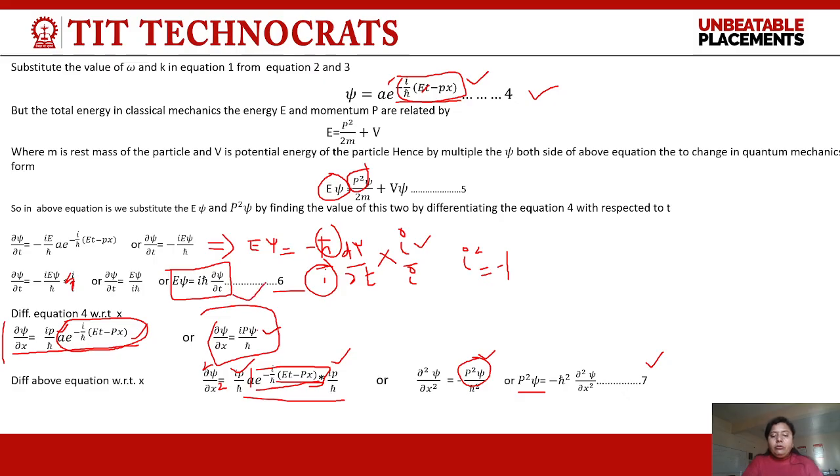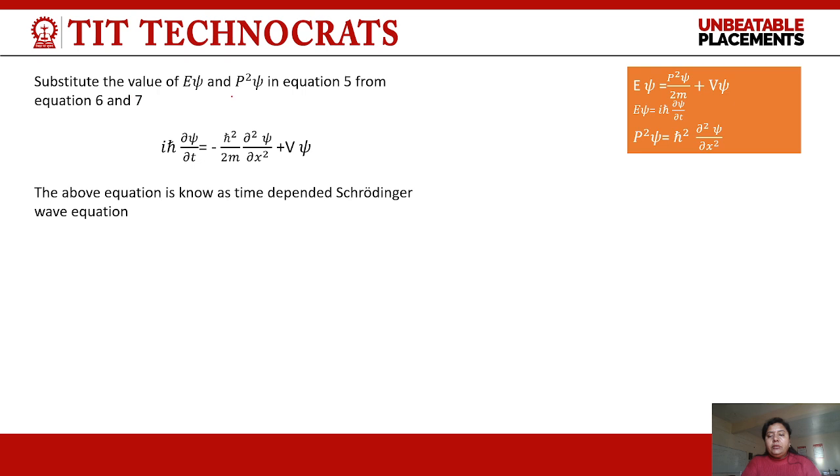Okay, so I am going to substitute the values of E psi and p square psi from equations number 6 and 7 into equation number 5. So when I substitute, what is the actual equation number 5 I have written over here. What is the value of E psi? E psi is i h cut del psi by del t. So I substituted here.